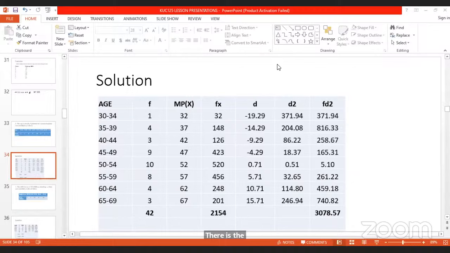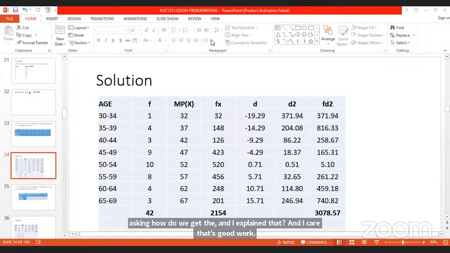Daniel, there is the table. You're asking how do we get the Nini, and I had explained that. That's good work. It's a normal distribution.